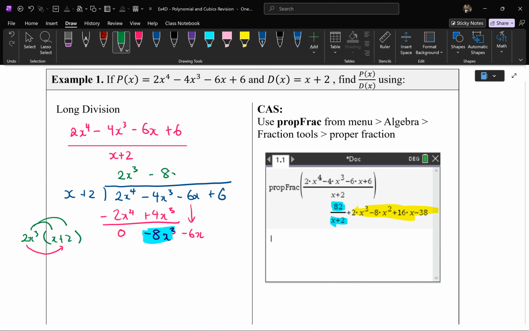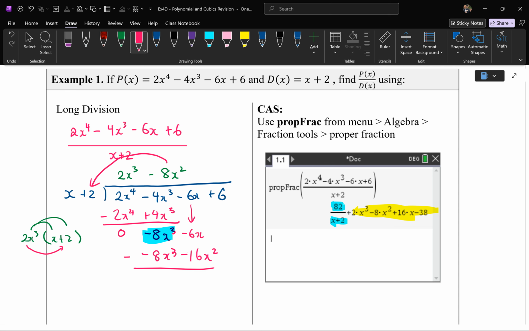Very good. Negative 8x squared. Alternatively, you could just do negative 8x cubed divided by x, and that's how you get this next line. So hopefully by now you know negative 8 times that will give you the negative 8x cubed that you want. But don't forget, you still have negative 8x squared times the 2, minus 16x squared. And you are finding the difference again.